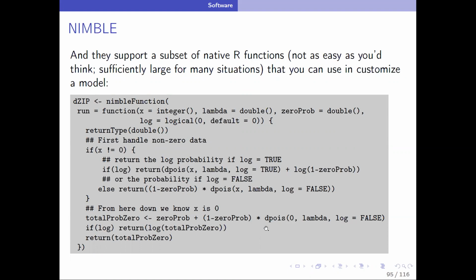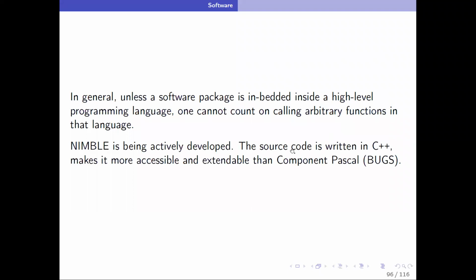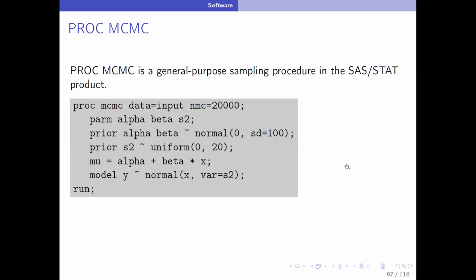But if you are, you can see a lot of pieces here are really in R. So in general, if a software is embedded in a high-level programming language, you can count on calling arbitrary functions in that language. But if it's not, you cannot. But NIMBLE is being actively developed. Its source is written in C++, and I think it's more accessible and extendable than the Component Pascal that's used from BUGS.